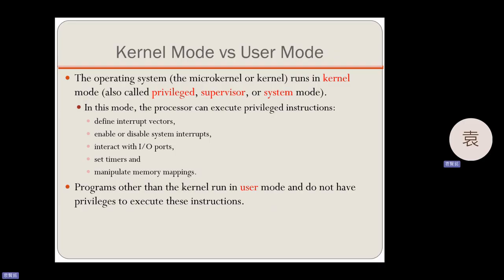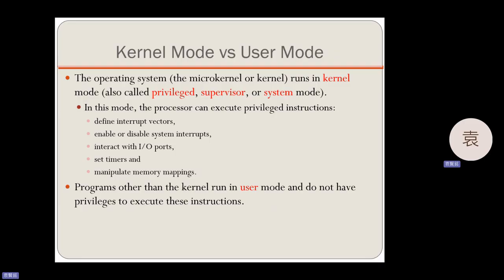Others are setting timers, the physical timer, and manipulating memory pages, so setting up the memory management units and so on. Other than these privileged instructions, the other parts of the operating system run in user mode, because those operating system services don't need to execute privileged instructions, so they can run in user mode.